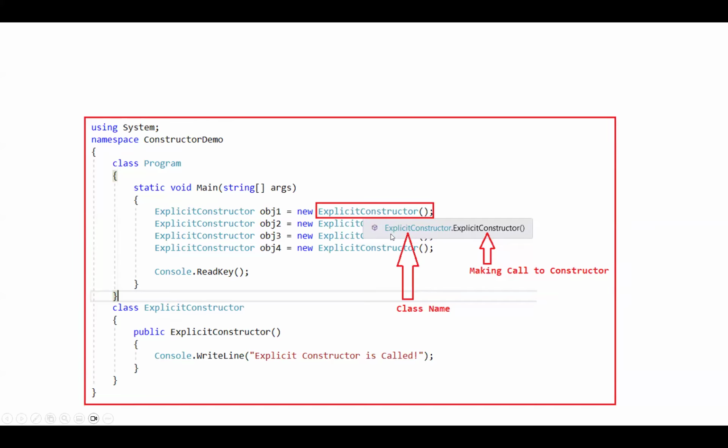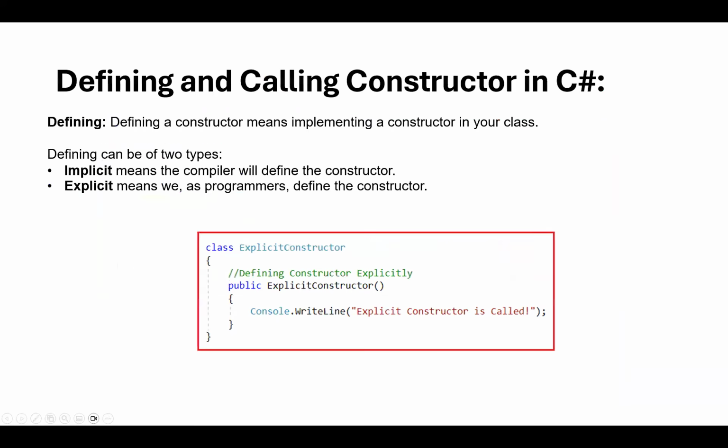First time it's the class name, second time it's the constructor call. But we declared the explicit constructor ourselves, and this is an example of using an explicit constructor. So the same, but you can customize what should be done in the explicit constructor by your own choice.